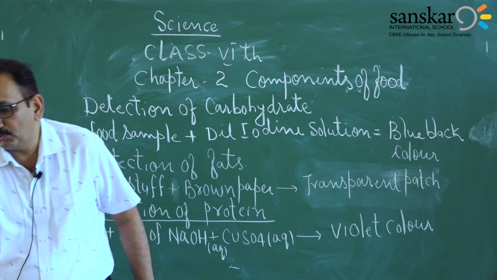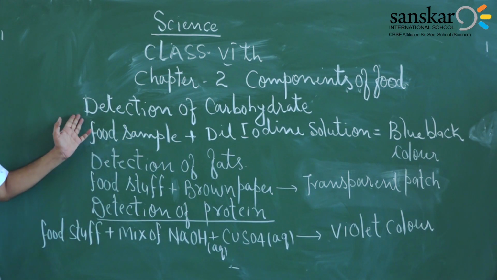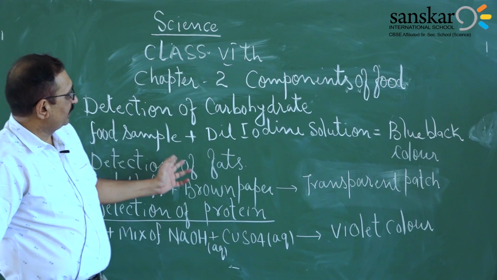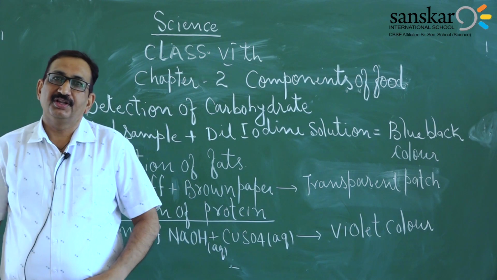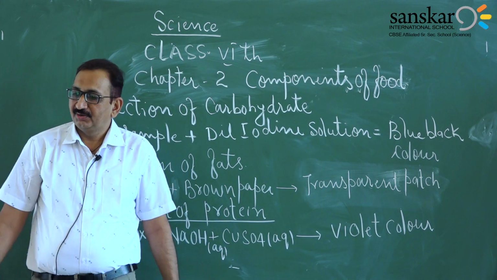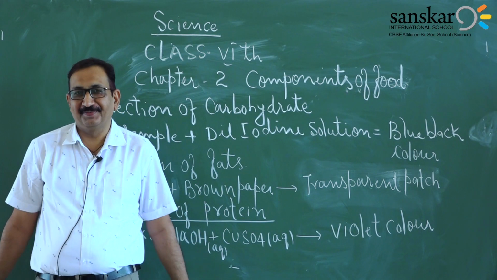All these are required to detect the presence of fats, proteins and carbohydrates. So students, today this whole chapter will be explained through the practical. Today everything we have to do practically only.